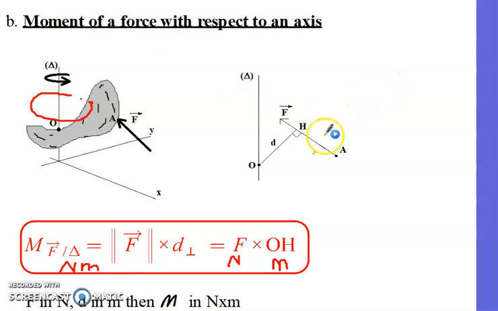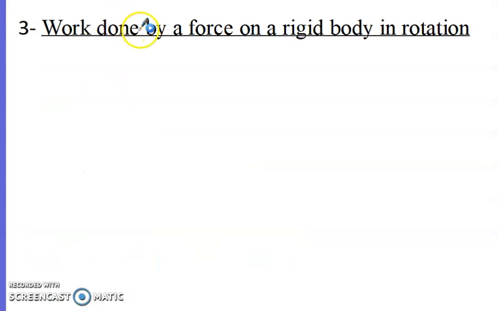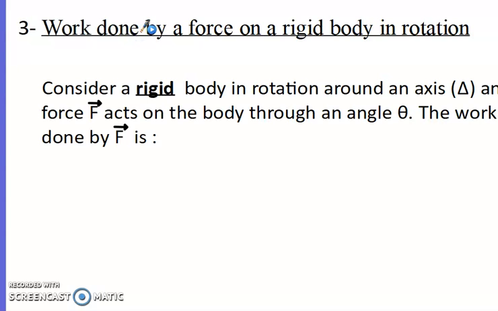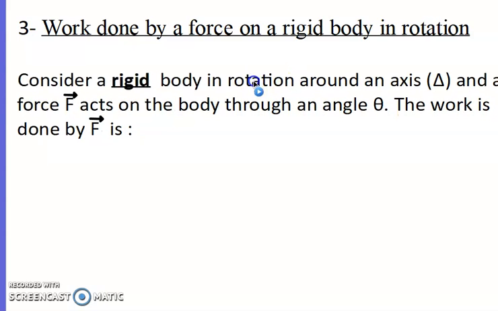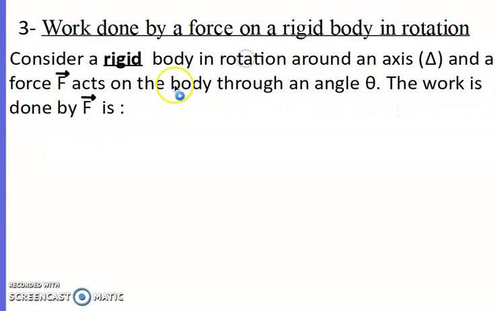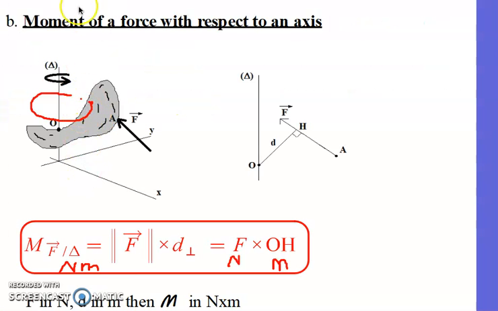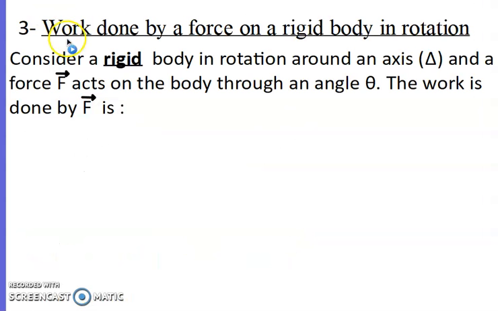Now let's find the work done by this force on the body. You know that when you apply the force, the body is displaced. So there's a work. Consider a rigid body, any body, in rotation around an axis delta, and a force F acts on the body through an angle theta.